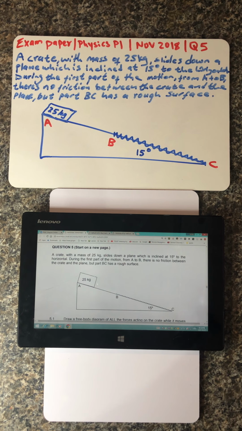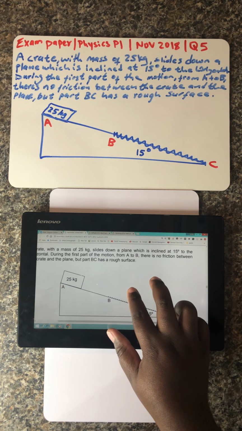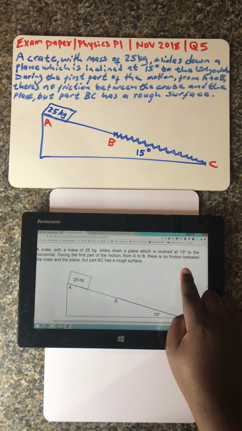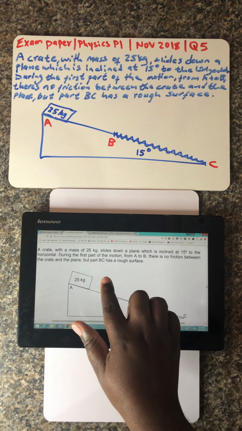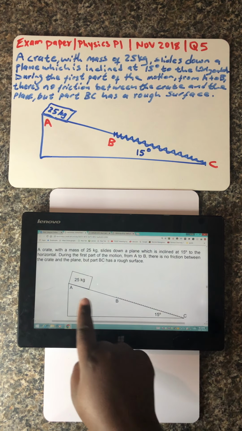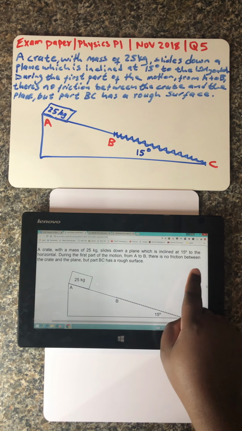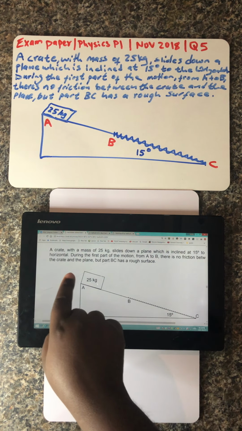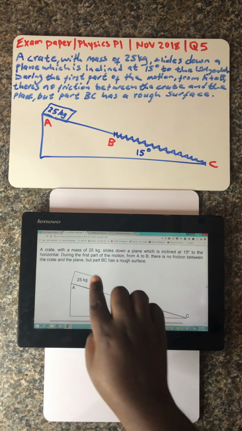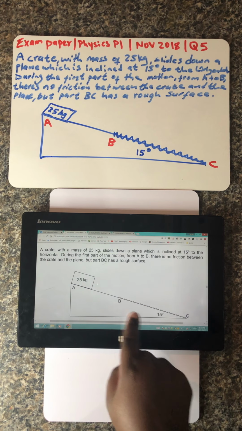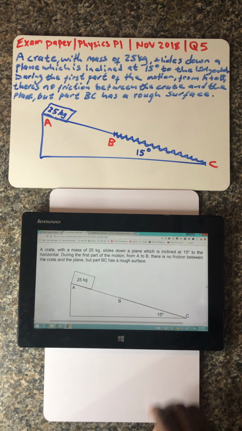So, guys, a crate with a mass of 25 kg slides down a plane which is inclined at 15 degrees to the horizontal. During the first part of the motion from A to B, there is no friction between the crate and the plane. But part BC has a rough surface.